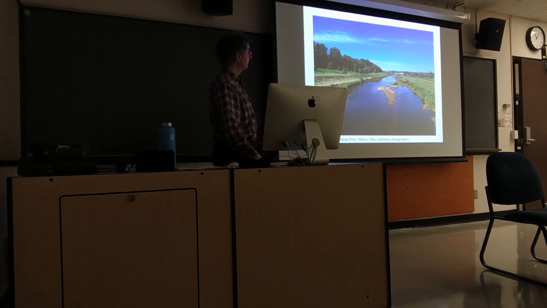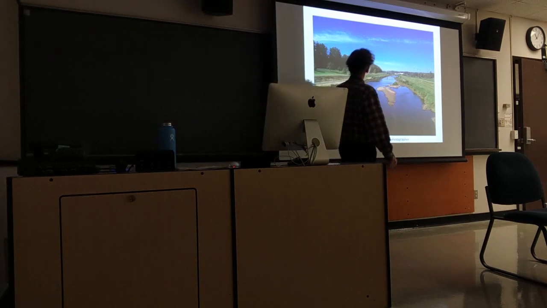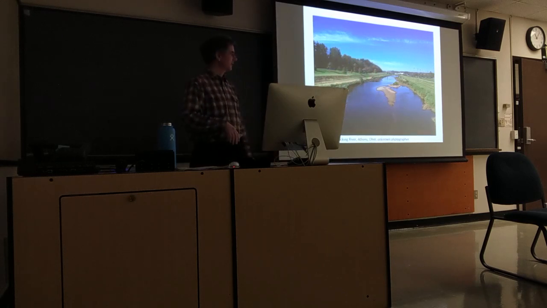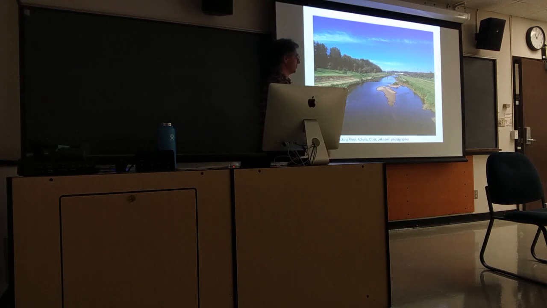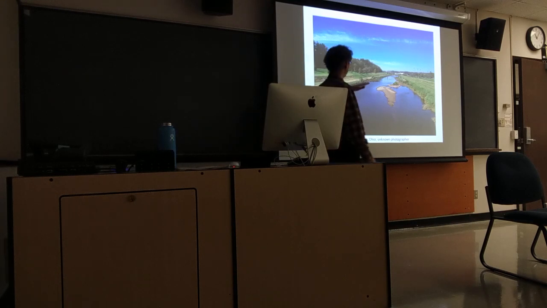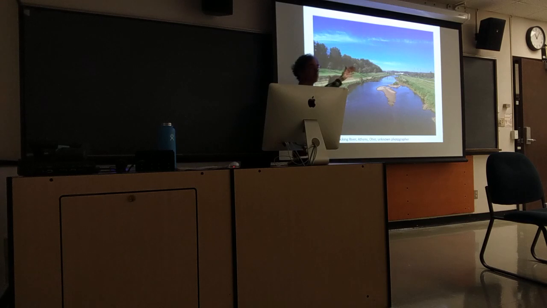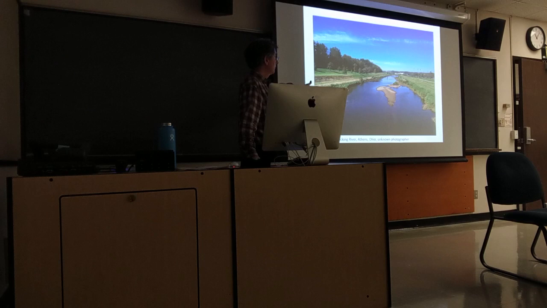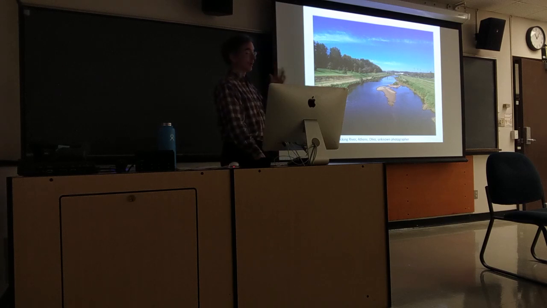And hence you start to get bar formation, point bar formation, and erosion of the opposite bank. Pretty much any river that has a substantial sediment load with which to form bars does this. And the variety of forms that we get from it is due to other sorts of details.